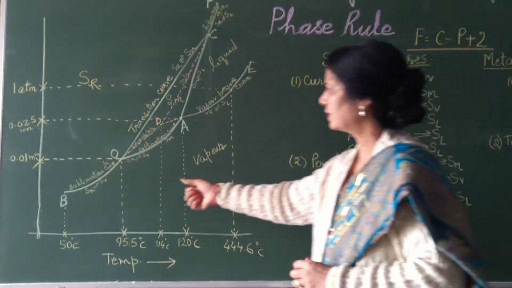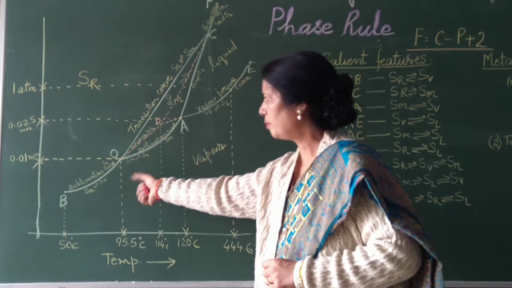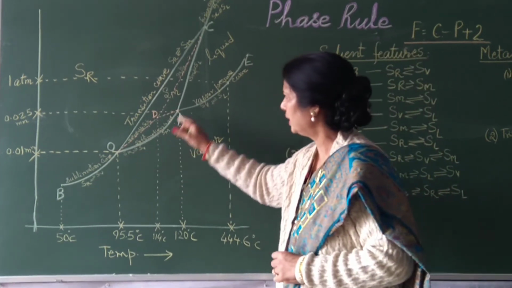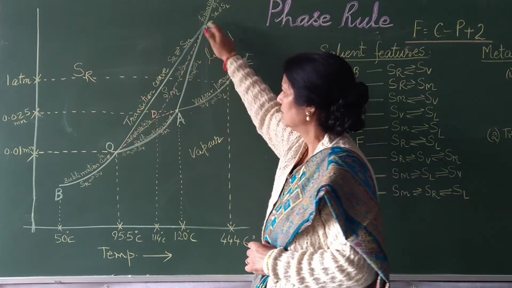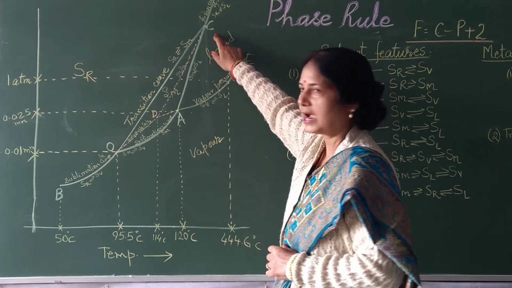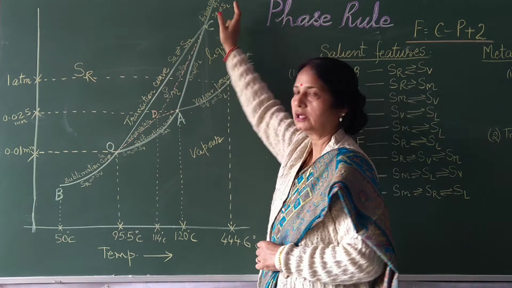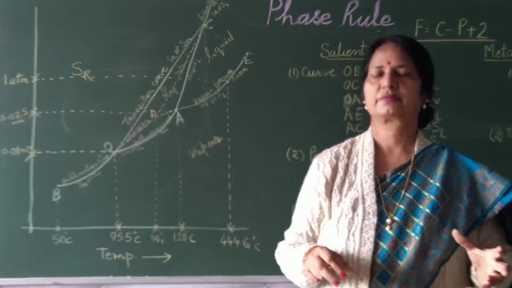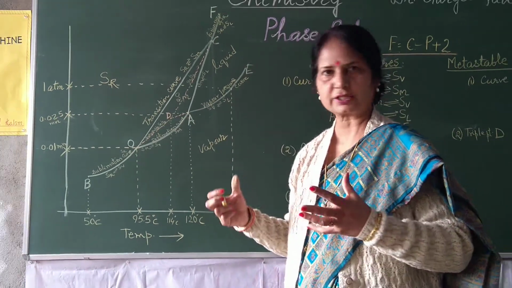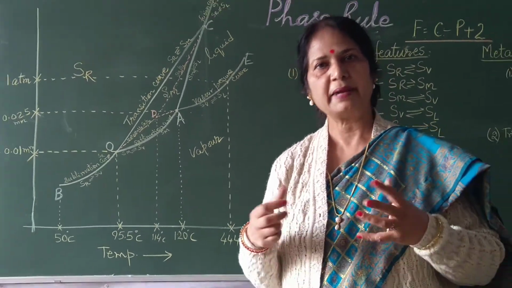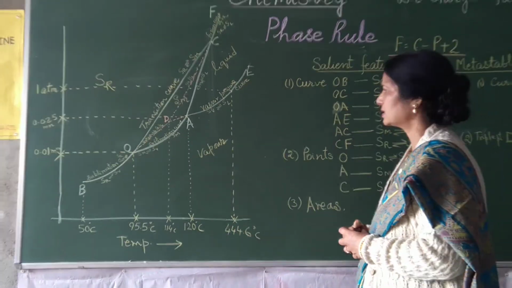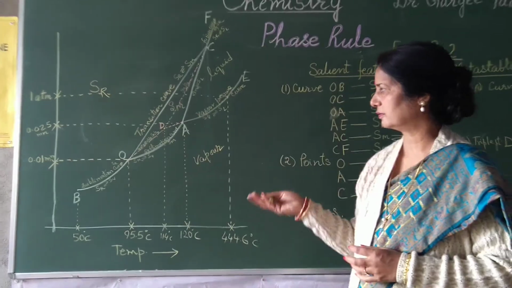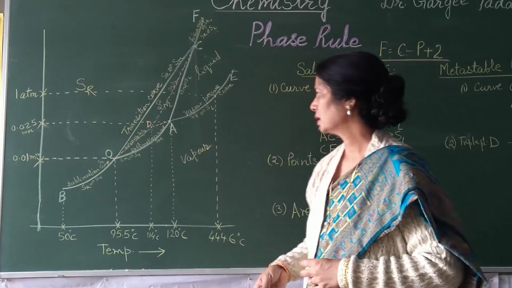We have the curve OB, the curve OA, the curve AE, the curve OC, the curve AC, and the curve CN. Along with all these curves, we have various triple points, and metastable equilibria are also present. So let's start with the curves first.